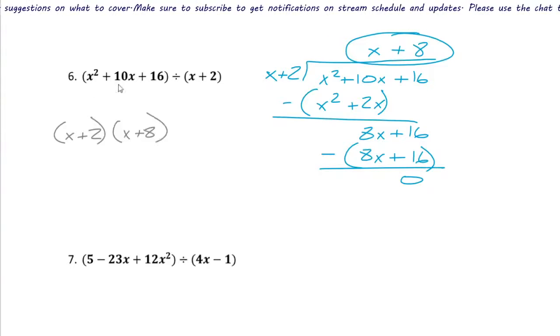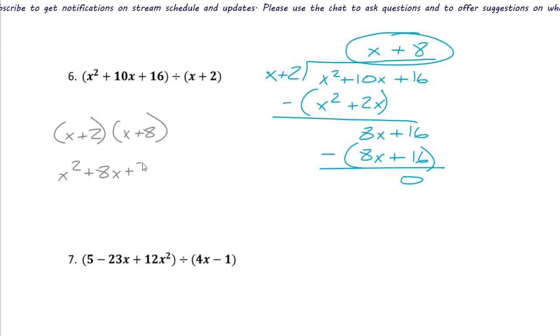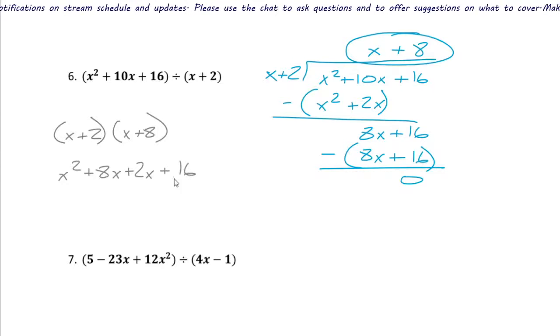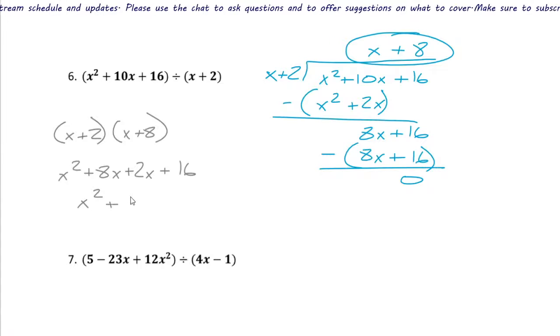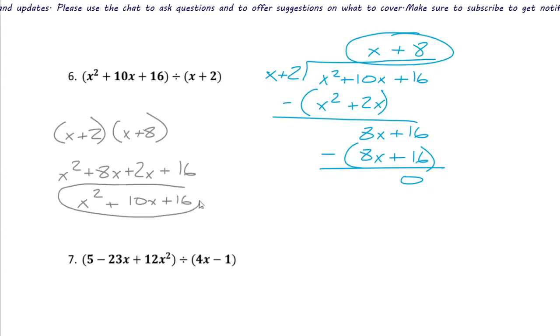Let's see if we get back to our original polynomial. x times x, x squared, x times 8, 8x, 2 times x, 2x, 2 times 8, 16. Combine: x squared plus 10x plus 16. So did we get back to where we started? We did. So our answer is good.